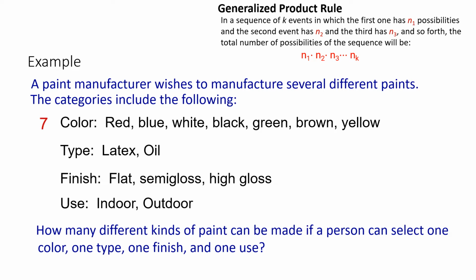So there's 7 possibilities for color, 2 possibilities for type, 3 possibilities for finish, and 2 possibilities for use. So we would just take 7 times 2 times 3 times 2 and get 84, and we would be able to say then that there are 84 different kinds of paint that could be manufactured by this paint manufacturer when you take into account all of these different categories.